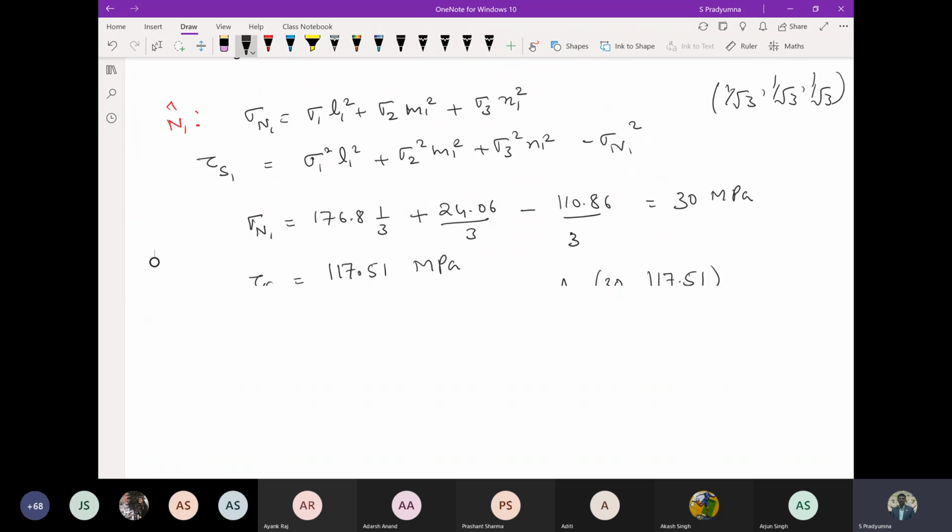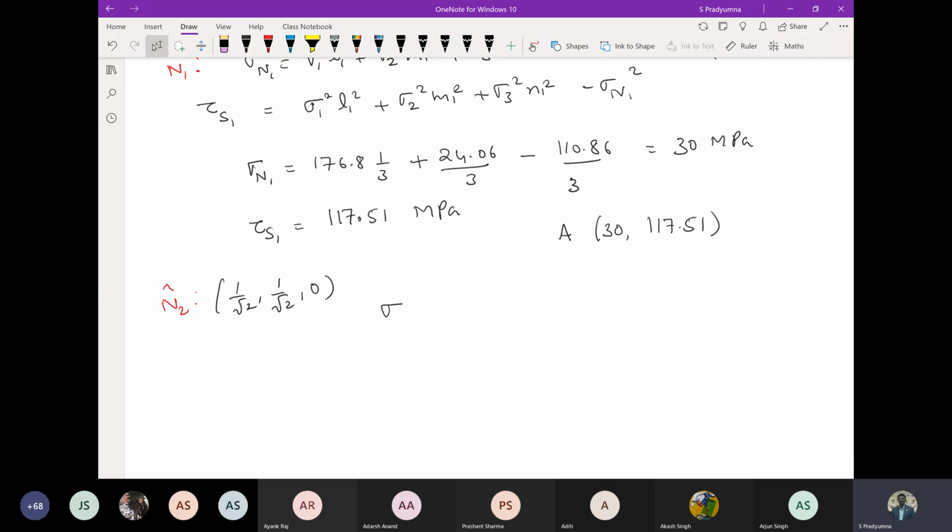So here I get sigma N2 is equal to 100.43 megapascal and tau S2 is equal to 76.37 megapascal. That means point B, as per the problem, has a coordinate of 100.43, 76.37 megapascal. So these are the values I have.